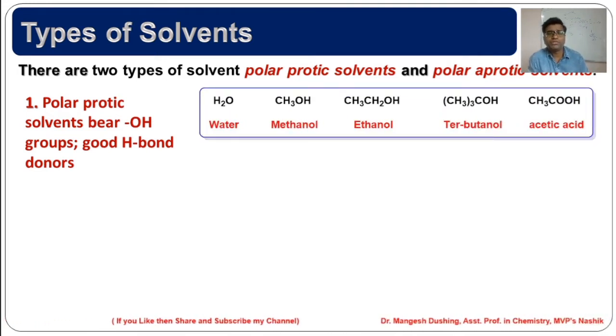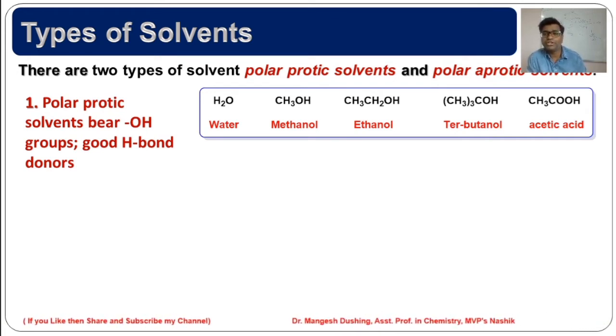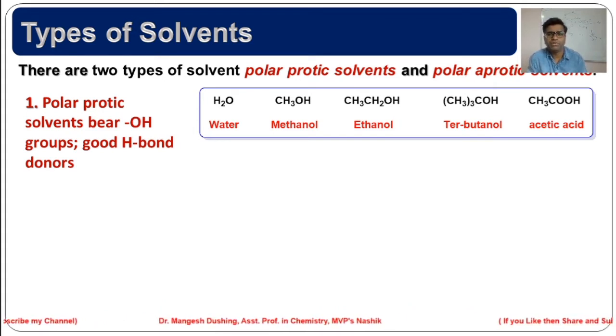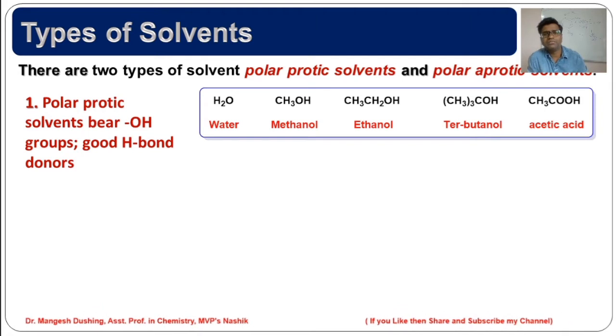For example, water contains OH, then methanol, ethanol, tertiary butanol, acetic acid. These are compounds containing an OH bond, so an exchangeable proton is there. That's why these are called polar protic solvents.